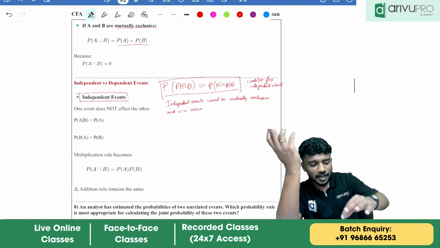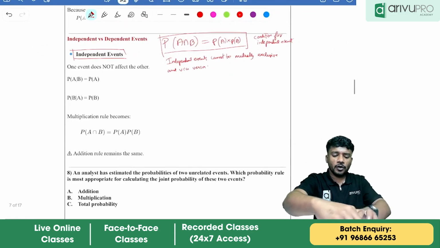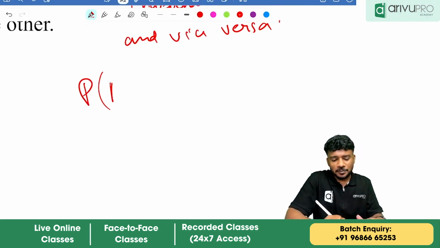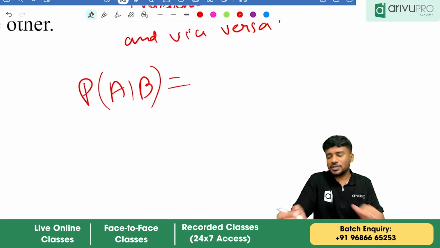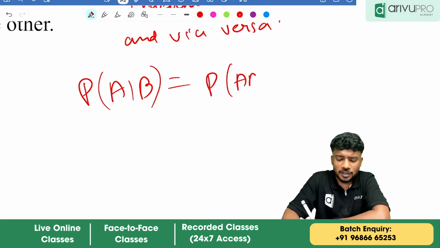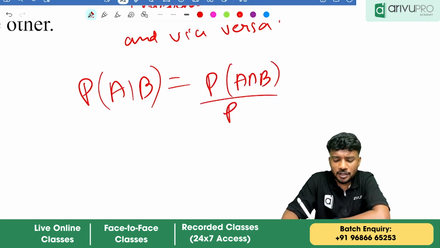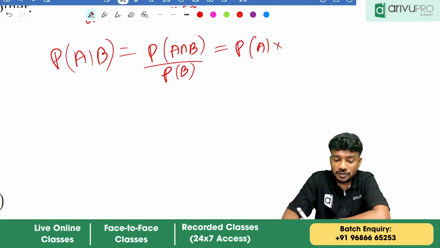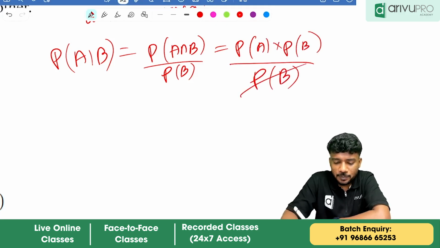Now, what will be the value of this? You should tell me. For an independent event, P of A given B will be how much? We know the general formula of P of A given B is how much? P of A intersection B divided by P of B. Now, P of A intersection B in independent event is P of A into P of B divided by P of B. So, P of B cancels.